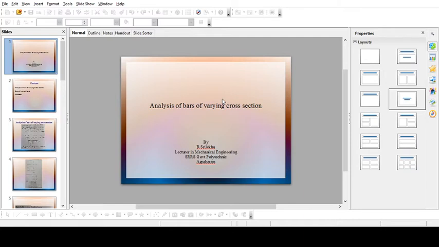Now see, in the previous case we have taken the same load, that is P everywhere same. Now if the bar is subjected to varying loads, it means in the first section it is having some P1, in the second section it is having P2, then how can we take?